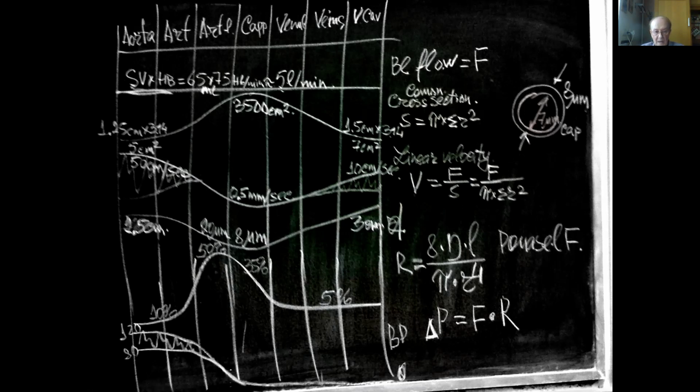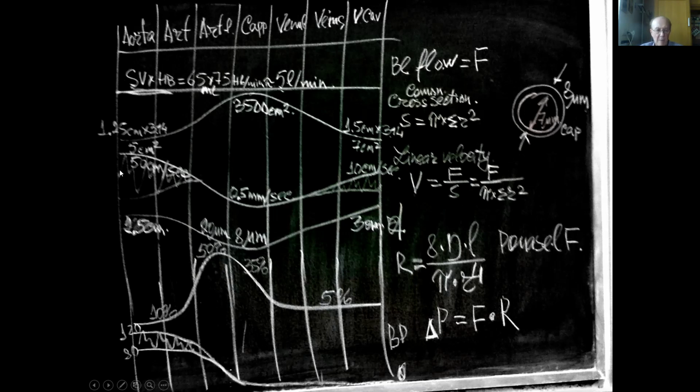Without these curves, I hope you will redraw these curves. I will send you more precise, clearer curves, and you will redraw them in your notebooks. But usually it asks, what is the reason why the blood flows in the arteries? Three reasons.